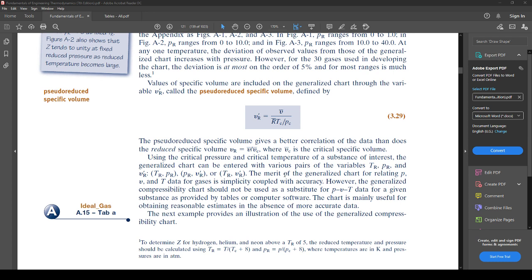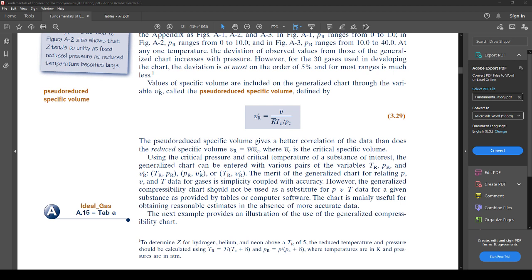Using the critical pressure and critical temperature of a substance of interest, the generalized chart can be entered with various pairs of the variables TR, PR, VR prime, all these, right? Then so this is VR prime, PR and VR prime, TR and VR prime. It says the merit of the generalized chart for relating P, V, and T for gases is simplicity coupled with accuracy.